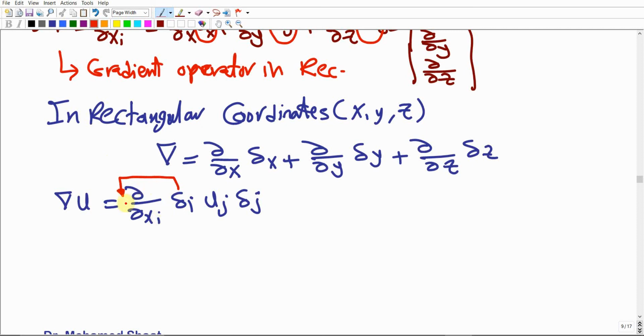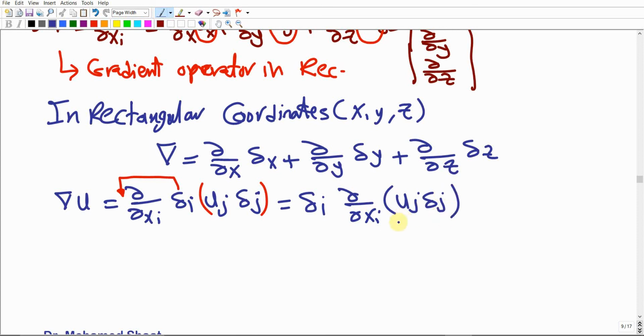Originally, the derivative operator is going to affect both the uj and the delta I, both of them, not just uj or just delta I. So it can be written in this form. I can write this as delta I, then the partial by partial xi of the multiplication of uj delta j.